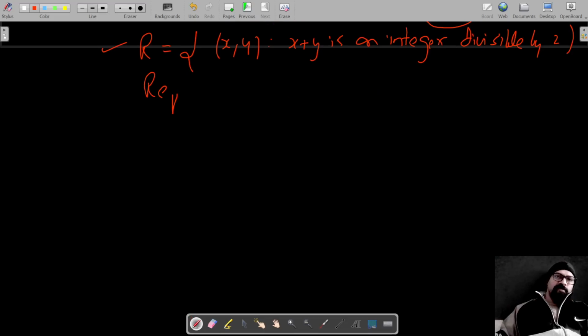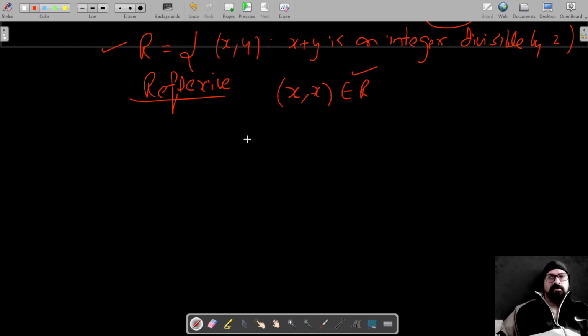So first of all, let's check it for the reflexive part. For the reflexive part, we have to take the element with itself and check whether this belongs to the relation R or not. Now x plus x, according to the relation, belongs to R when the sum of these two is an integer divisible by 2.